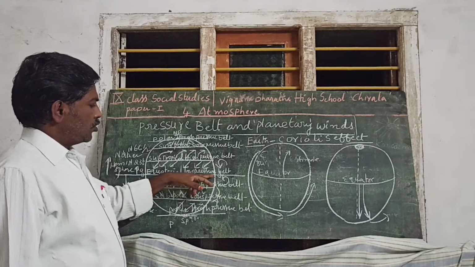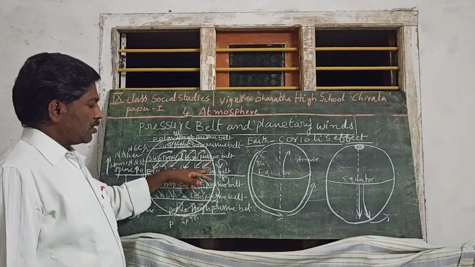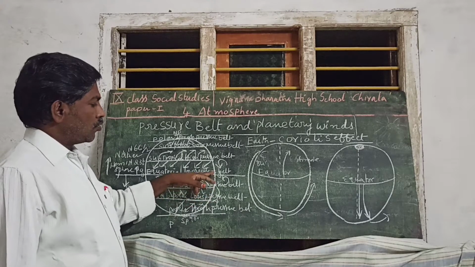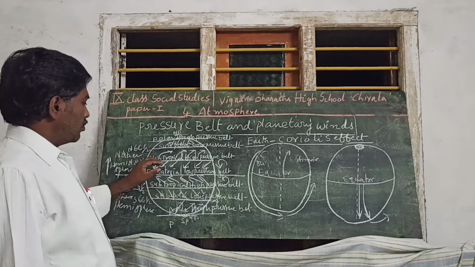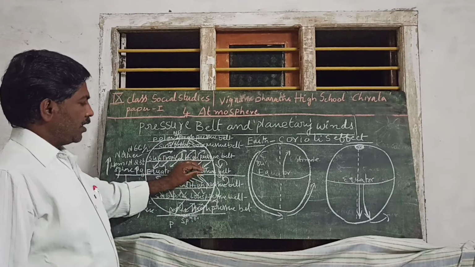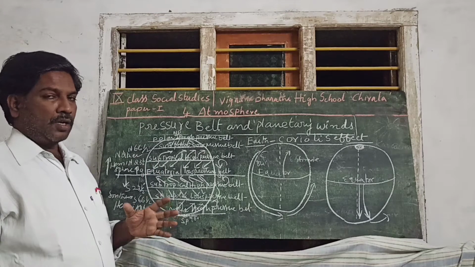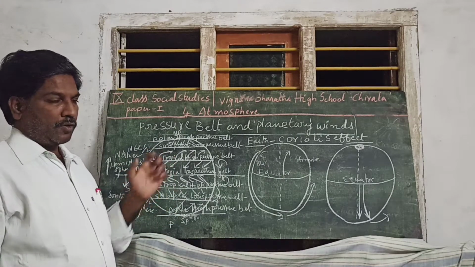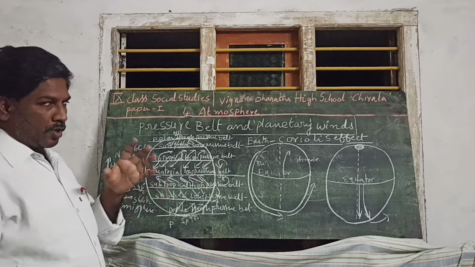But 0 degrees up to the tropics, Tropic of Cancer and Tropic of Capricorn, means 0 to 23 and a half north, and 0 to 23 and a half south. So this area is known as the hot zone or tropical zone. This tropical zone is generally a hot zone.